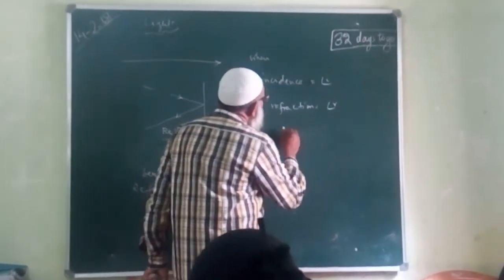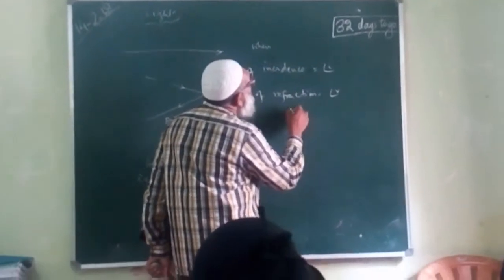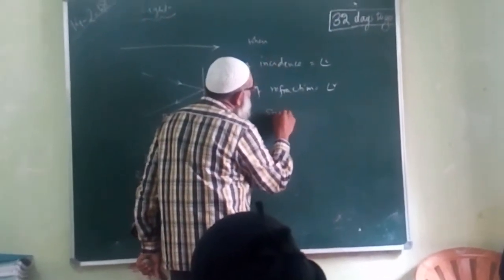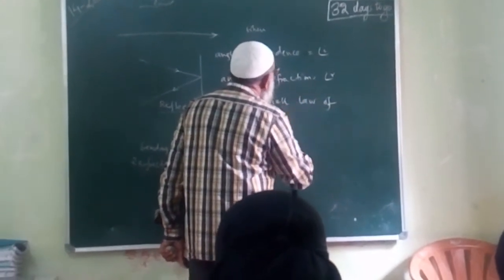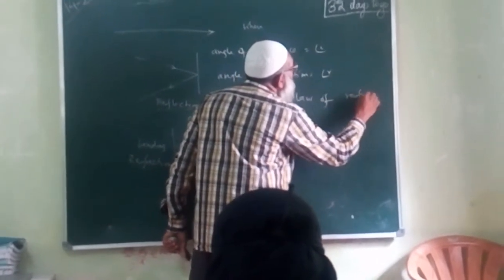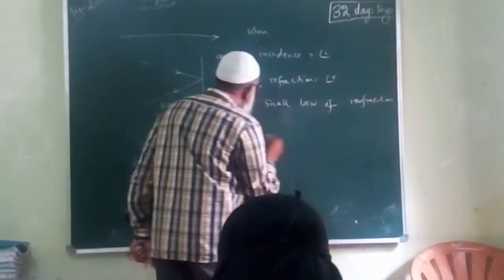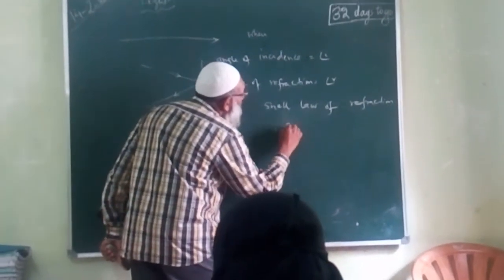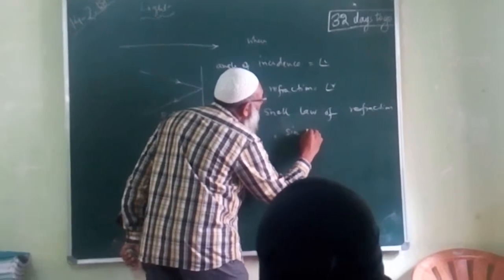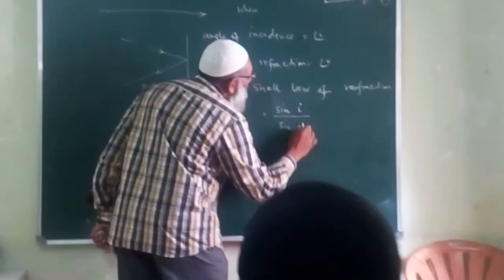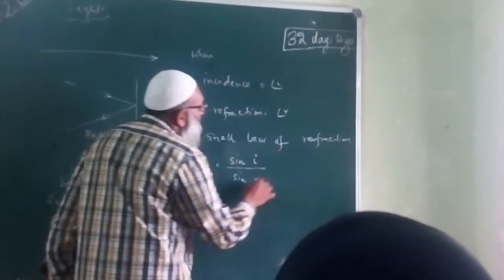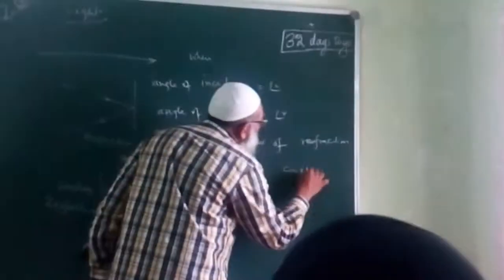So what happens? The angle of incidence and the ratio was given by a famous scientist called Snell, and it is called Snell's law of refraction. What is that? The ratio of the sine of the angle of incidence to the sine of the angle of refraction is a constant.